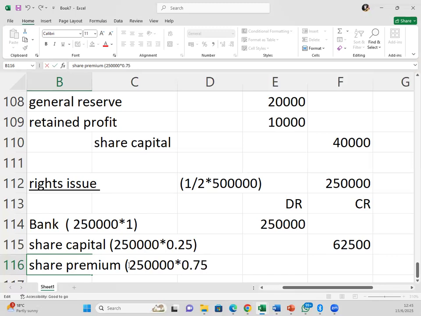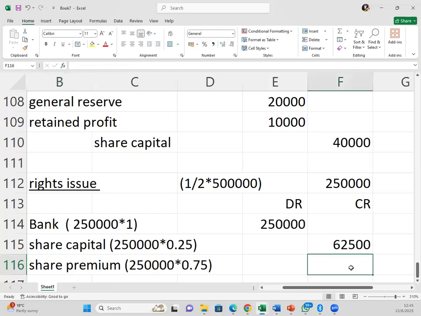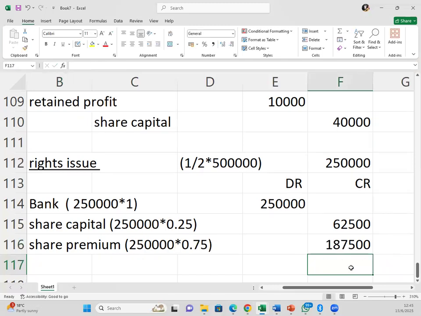Remember, the premium is the difference between the par value and the issue price. So if we are selling at $1 shares that have a par value of 25 cents, then the 75 cents is the share premium. So that's 250,000 times 0.75. So that's how we record the rights issue.